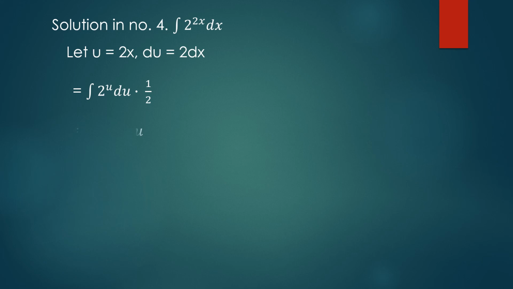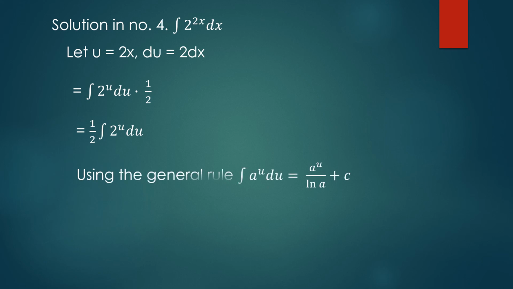Next to that, 1 half integral of 2 to the power of u du, because we factored out 1 half. Using the general rule, integral of a to the power of u du is equivalent to a to the power of u over ln of a plus c.